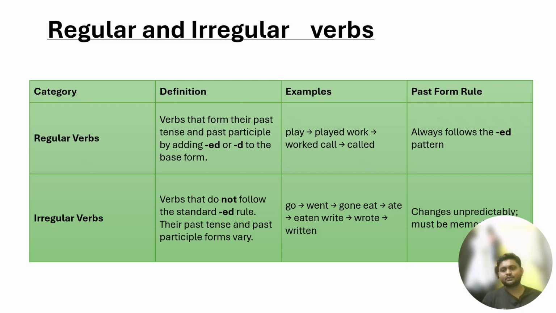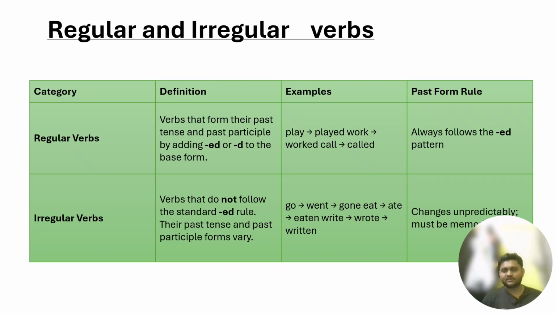Its V2, which is the past form, and V3, which is the past participle form, is totally different. Such as if V1 is go, V2 is went, and V3 is gone.